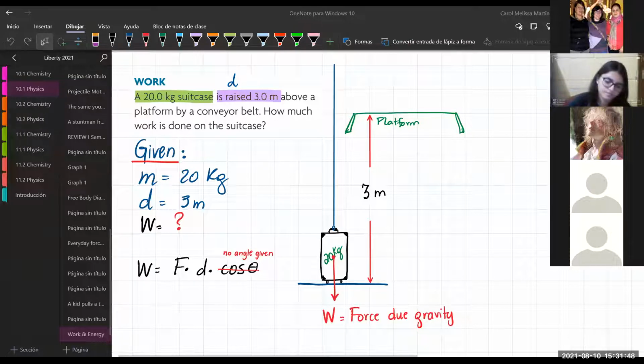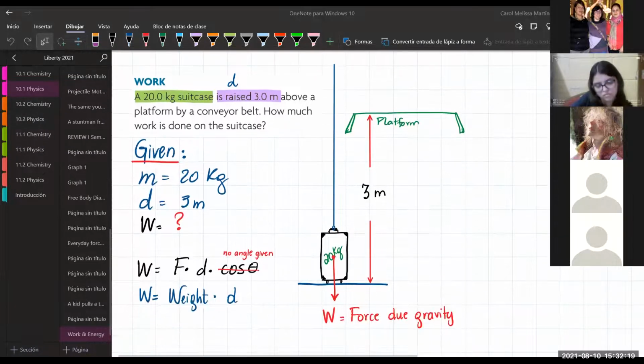So take a look. The problem is not giving me any force at all. It's just giving me a mass. But you know that if you have the mass, you can get the weight, okay? So in this exercise you can say that work is equal to the weight of the suitcase times the distance.